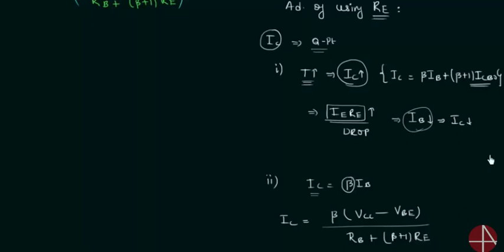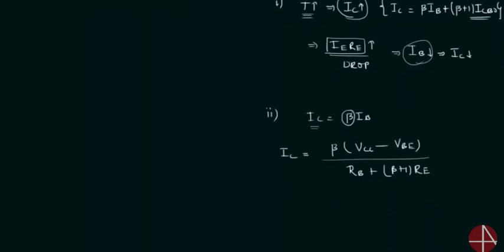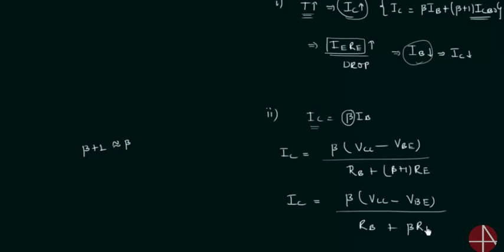This is the expression of collector current, and you can see beta plus 1 is nearly equal to beta. Beta is a large value, so beta plus 1 is nearly equal to beta. So we have collector current IC equal to beta times VCC minus VBE divided by RB plus beta times RE.